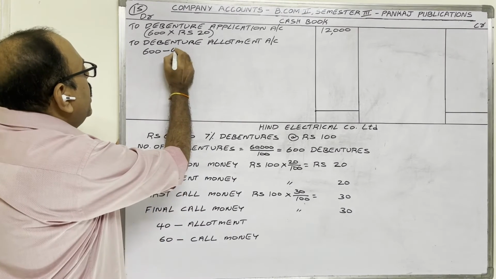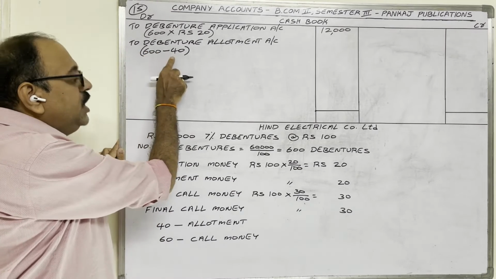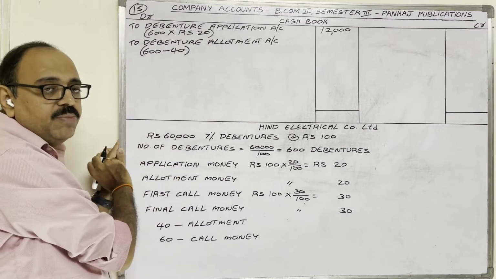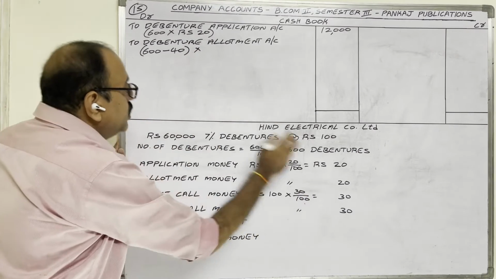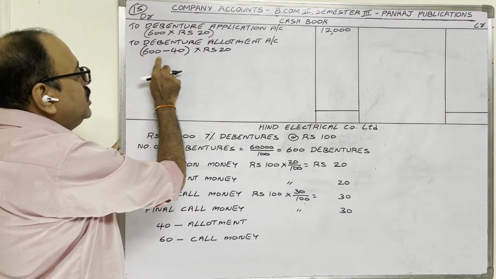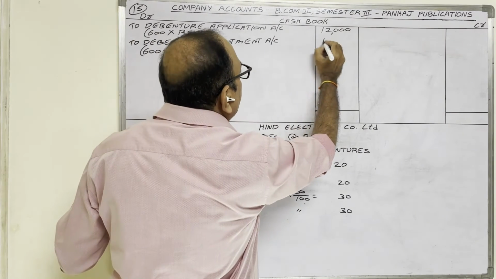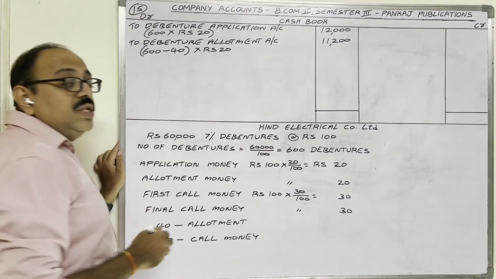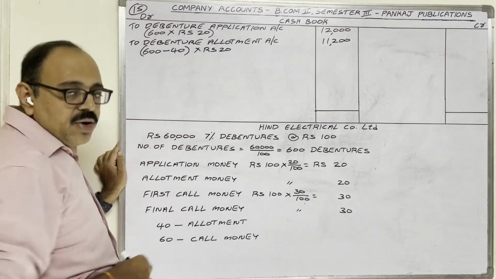So 600 minus 40: finally, on 560 debentures only, allotment money came. On one debenture, allotment money is 20 rupees. 560 debentures into 20 rupees each is equal to 11,200. What is the journal entry for this? Bank account debit to debenture allotment account.